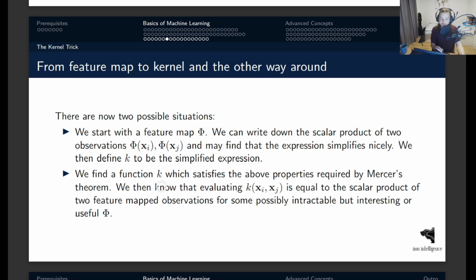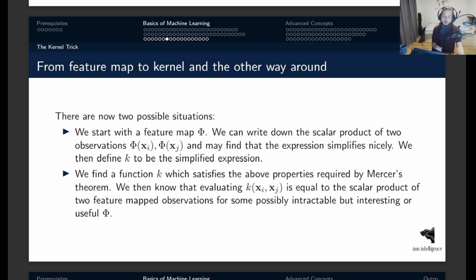By Mercer's theorem, the evaluation of k for any two observations is equal to the scalar product of two feature mapped observations for some phi, and this phi may be intractable but interesting for our problem statement. So the second scenario is much more interesting than the first one, because in the first scenario, all you can do is use some algebra to cancel a few terms in most cases.